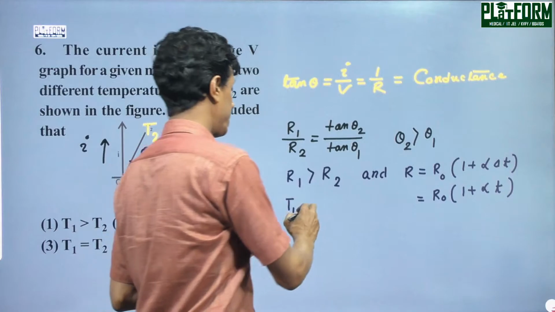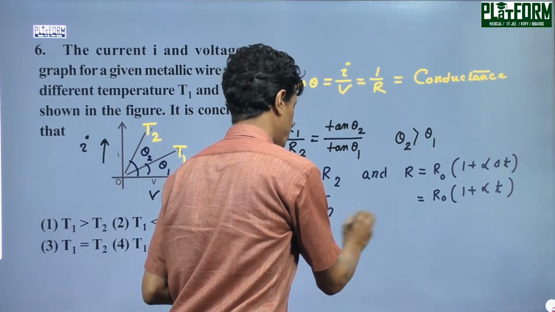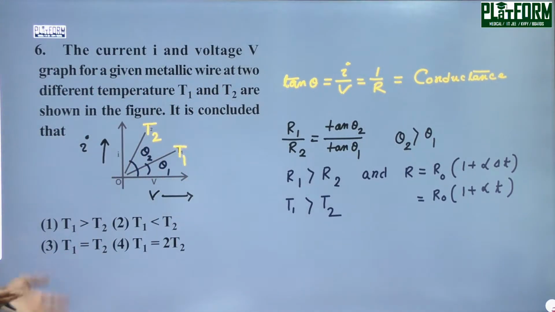So we can write here temperature T1 greater than T2. Here the right option is 1.